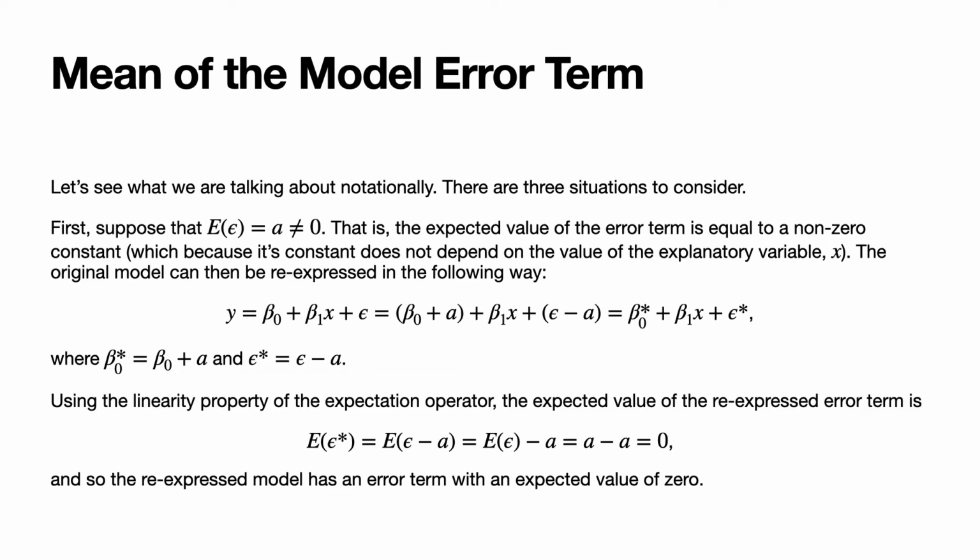So the original model, y equal to beta 0 plus beta 1 times x plus epsilon, can be re-expressed as beta 0 plus a plus beta 1 times x plus epsilon minus a. So you see here we have a plus a and a minus a. They cancel out.